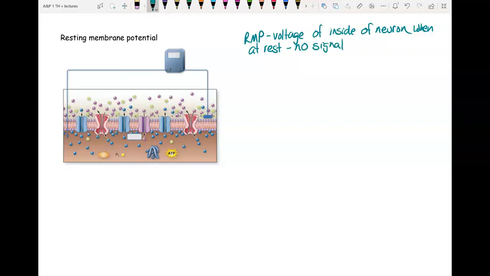We calculate this voltage by comparing the inside and the outside. Notice there are ions both inside and outside.